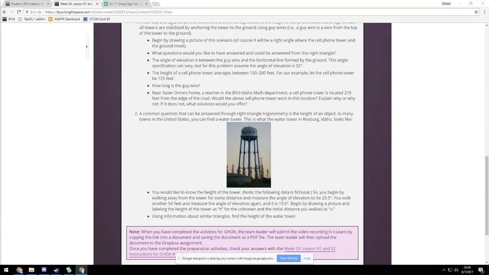So we have the height of the tower. We have x for the distance we walked the first time. Second distance is x plus 50.